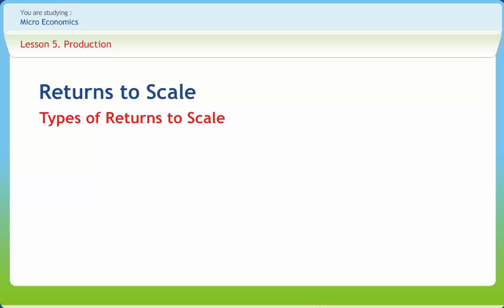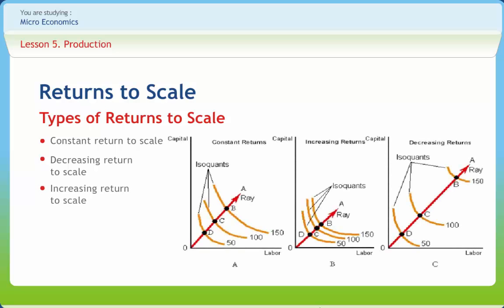If output increases by the same proportional change, then there are constant returns to scale, CRS. If output increases by less than the proportional change, there are decreasing returns to scale, DRS. If output increases by more than that proportional change, there are increasing returns to scale, IRS.